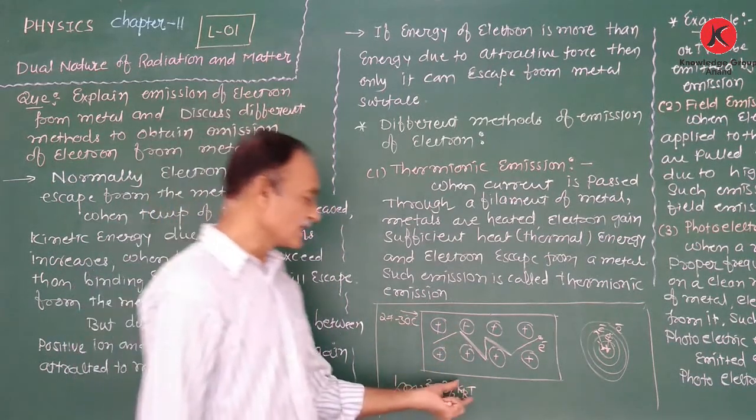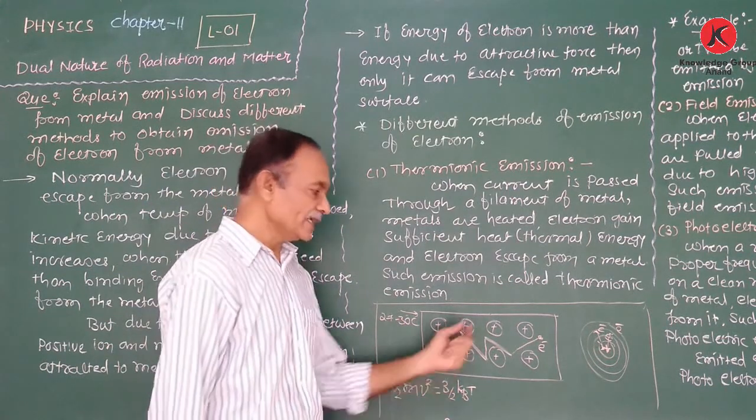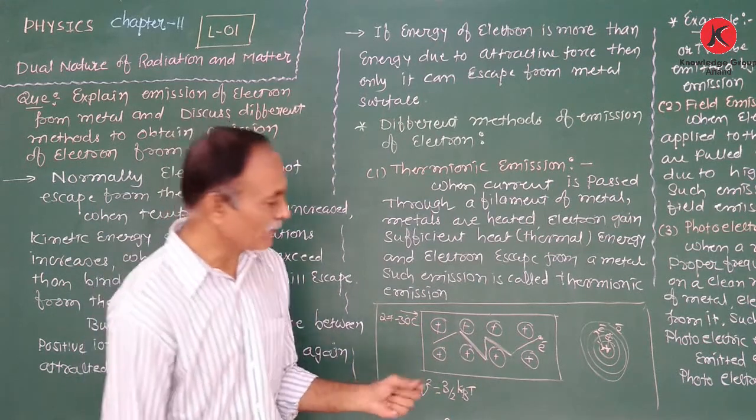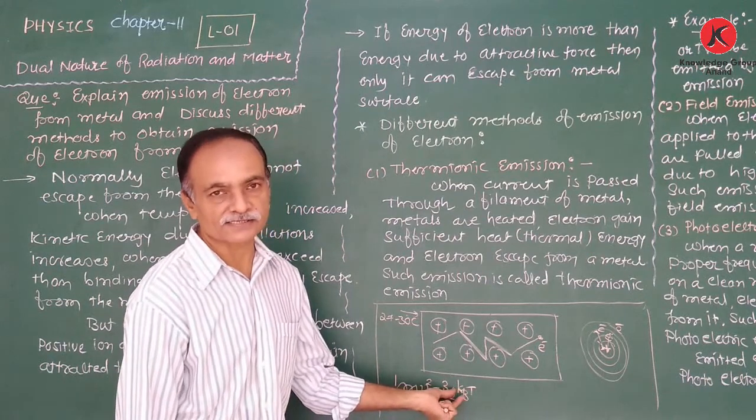As the temperature increases, its kinetic energy increases. Here, the electrons are free to move within the metal. Therefore, their kinetic energy also depends on the temperature.